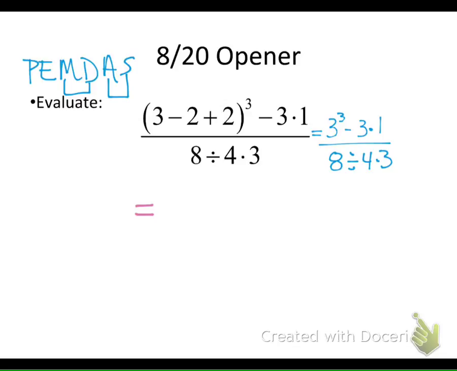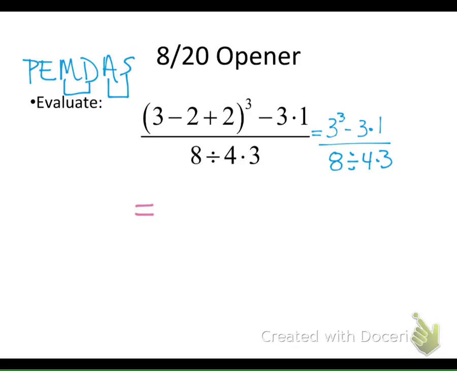Exponents. So what's 3 to the 3rd power going to be? 3 times 3 times 3. So what's 3 times 3? Multiplying together. And then times 3? Times 3, don't add them. So what's 9 times 3? If you have a calculator, you're more than welcome to use it.